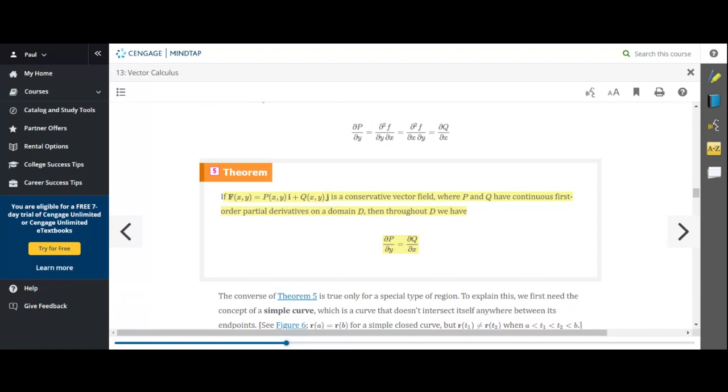The vector field F equals P times i plus Q times j. If the vector field F is a conservative vector field, then the partial derivative of P with respect to y would equal the partial derivative of Q with respect to x. Okay, and that's the condition.